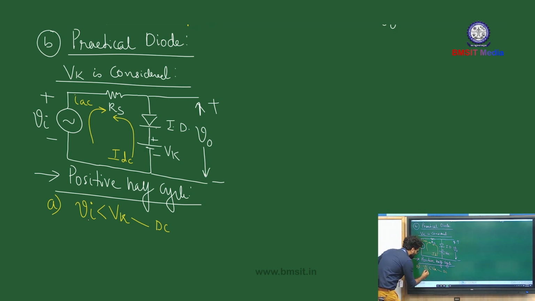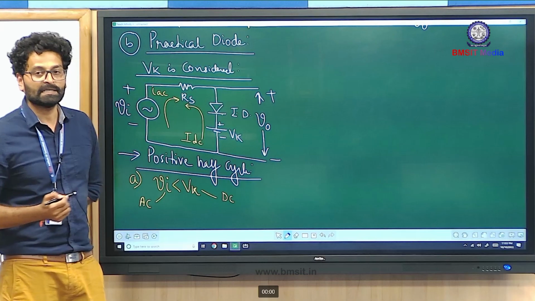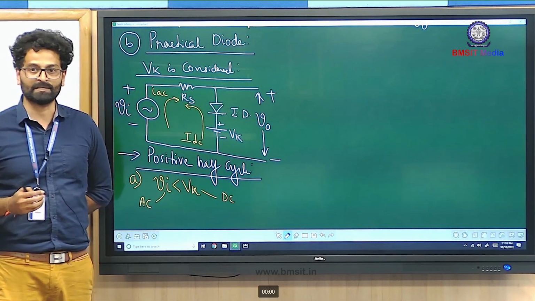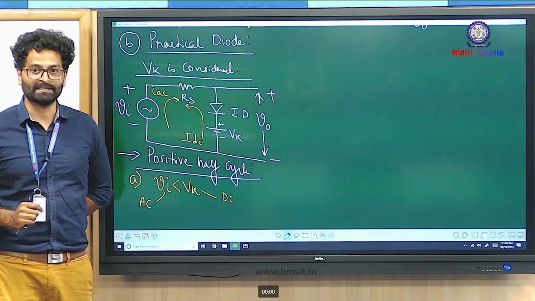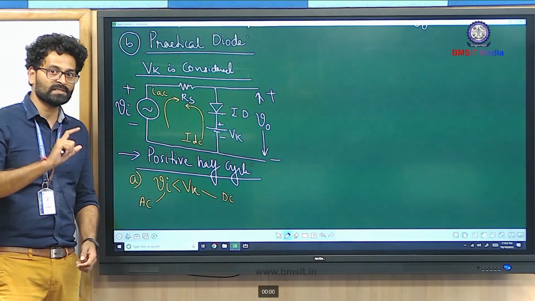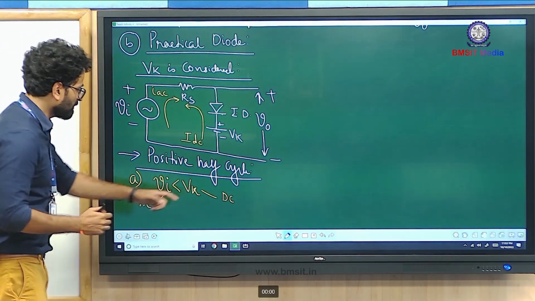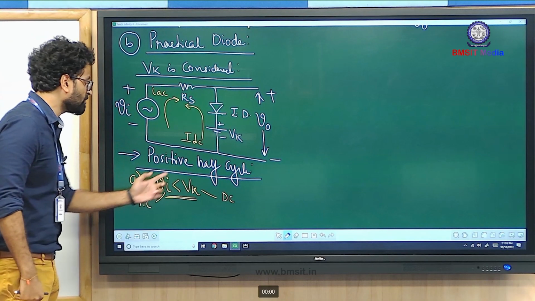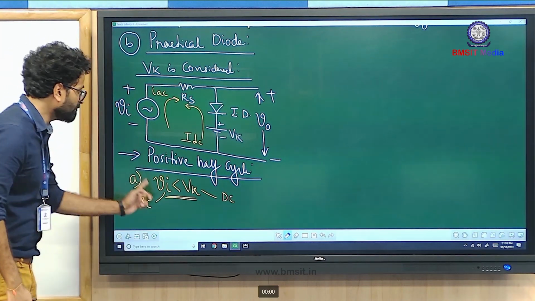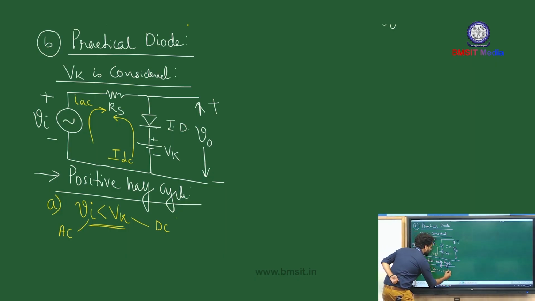On the other hand, Vi is an AC source, and in case of an AC source, the potential is not fixed, because an AC source can have infinite instantaneous values. So you are comparing those instantaneous values. What if your input is less than Vk? Then the dominating source is obviously Vk. So you can just write Vk dominates.